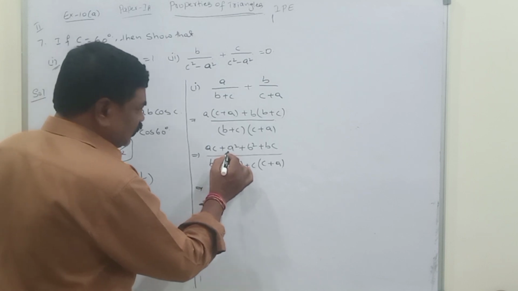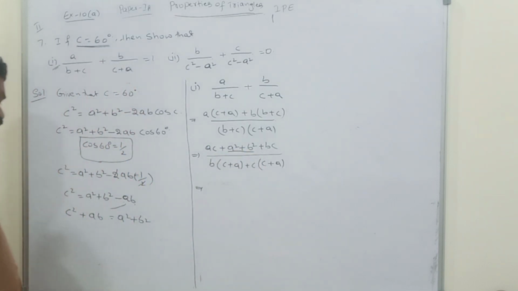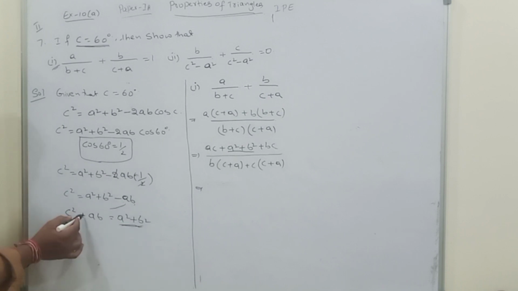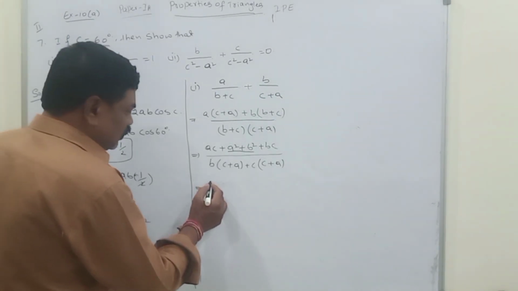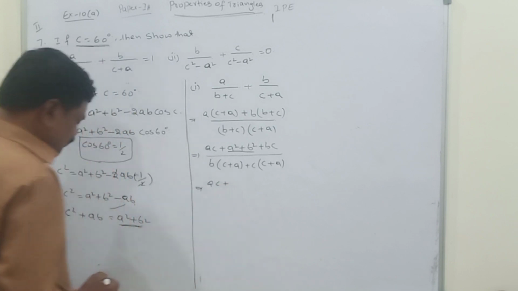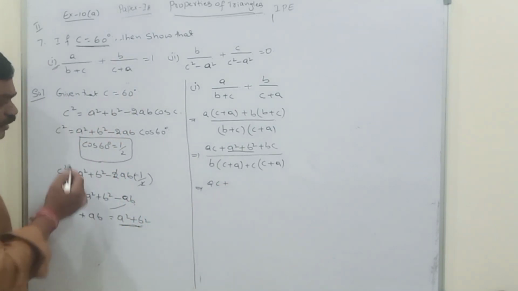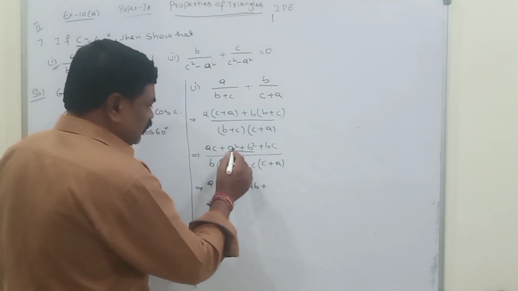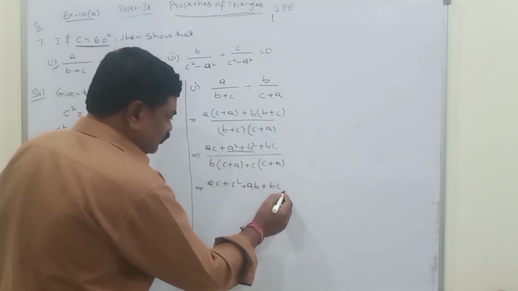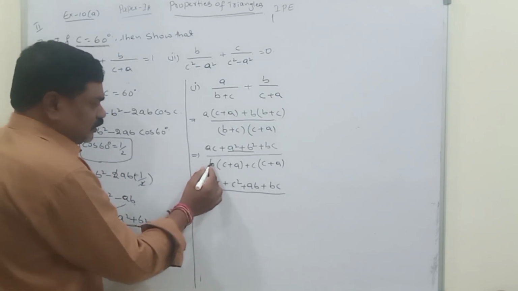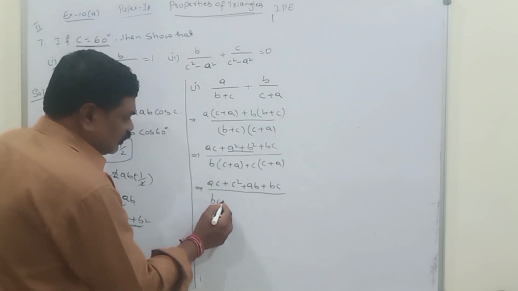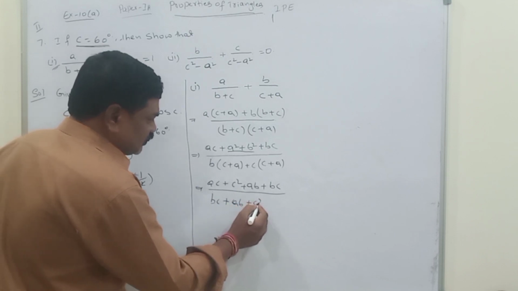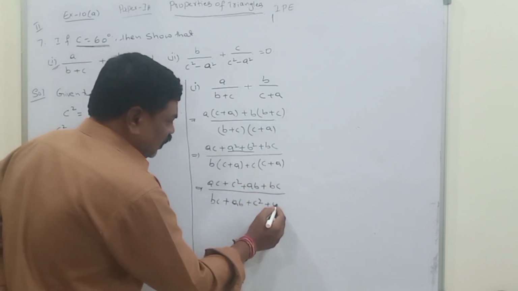Here you observe A square plus B square is equal to C square plus AB. So AC plus C square plus AB plus BC by, this is AB plus BC plus C square plus AC.